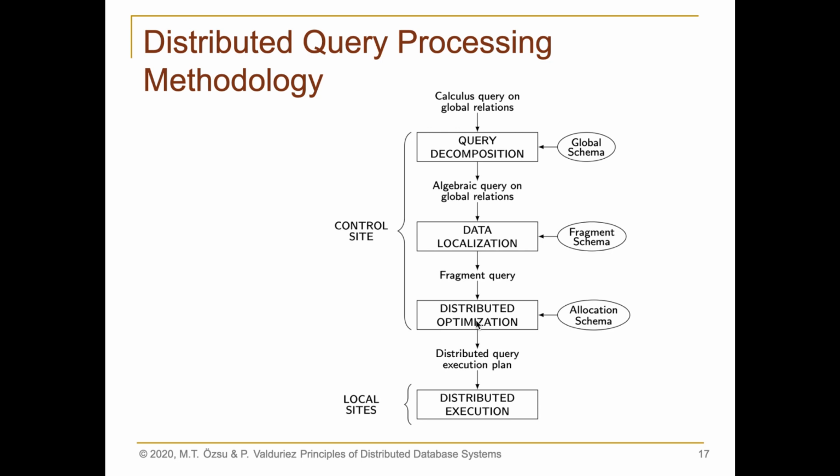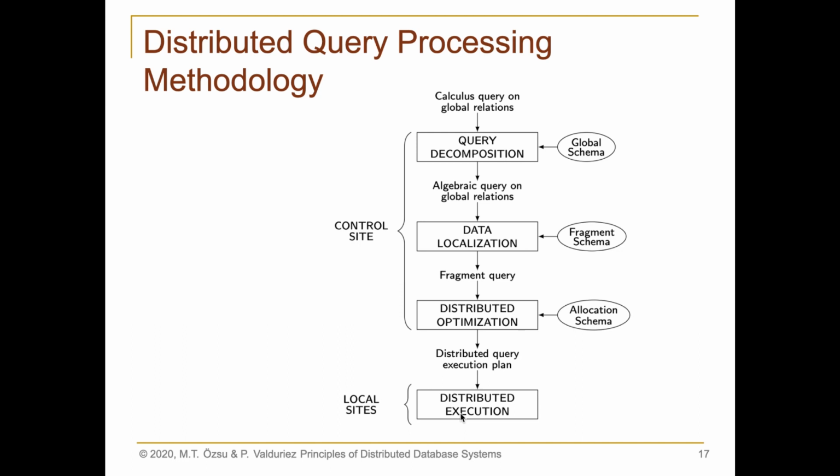Distributed optimization, the third component in distributed query processing, accepts fragment queries, which are aware of the distribution details of your distributed database system. And by using the allocation schema, or information about details of the allocation, it will transform this fragment query into a distributed query execution plan.